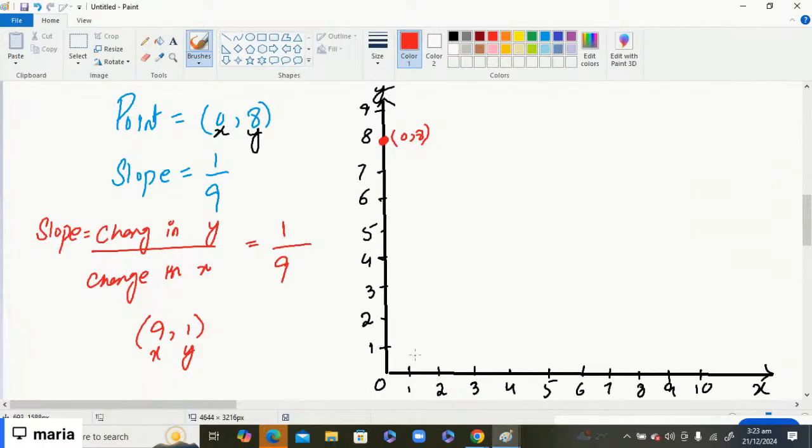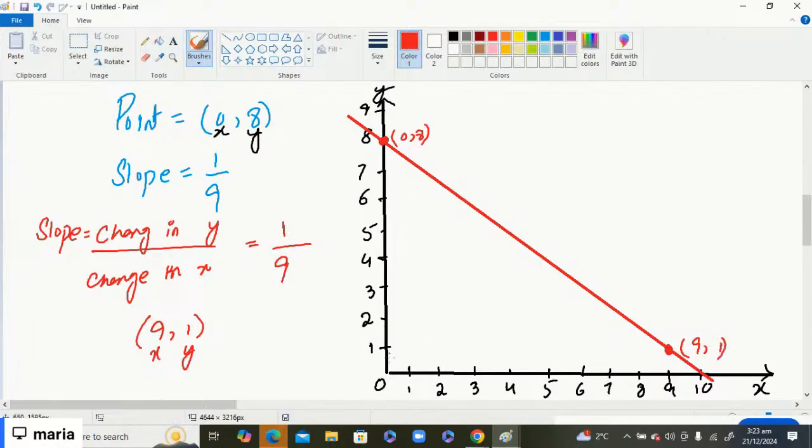So here it's 9 and 1. It lies here. Okay, let's match up. These are the 2 points, 9 and 1.